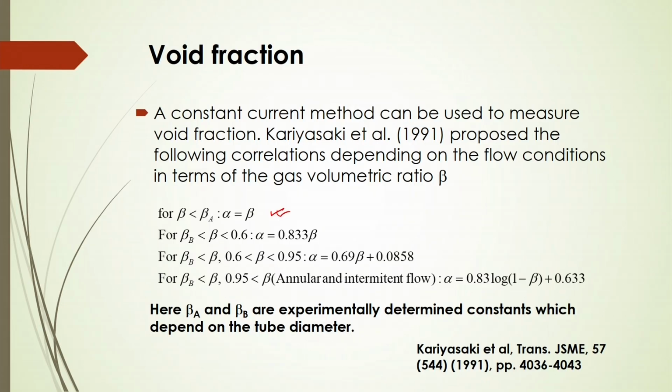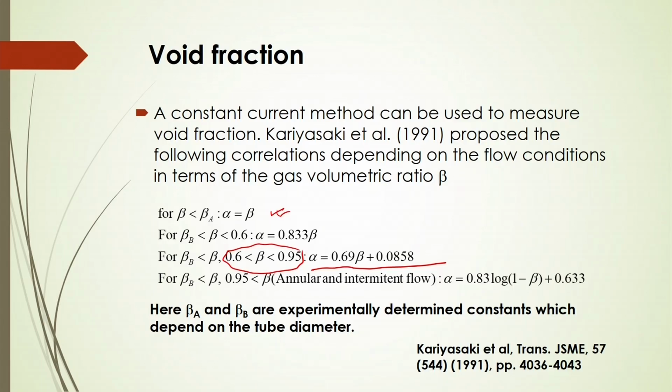Again, if the volumetric ratio is greater than 0.6 and less than 0.95, then you can expect the void fraction of the gas will be equal to 0.69 into beta plus 0.0858. So, by these correlations you can calculate the void fraction.